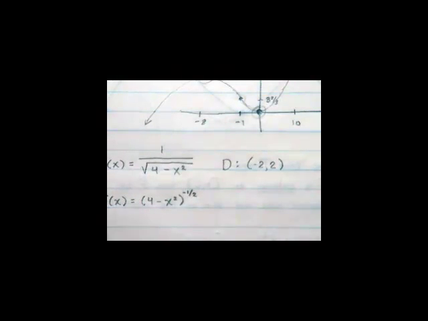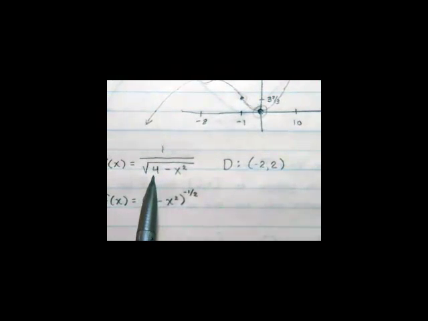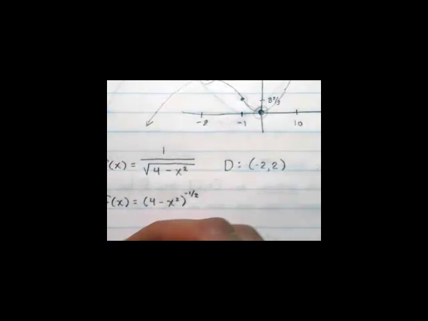If you don't, well, then you're still kind of in trouble, because you'd have to do a quotient rule here with a chain rule involved, and so this is still going to be easier, I think. All right, anyway, so derivative. So we drop the power down in front. We're going to leave this alone for now, 4 minus x squared.